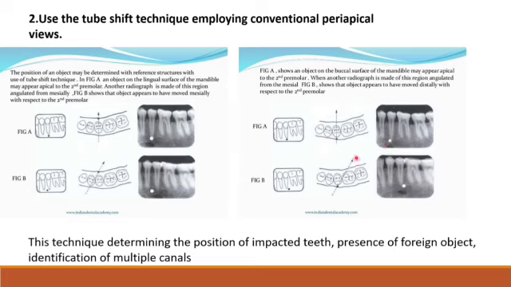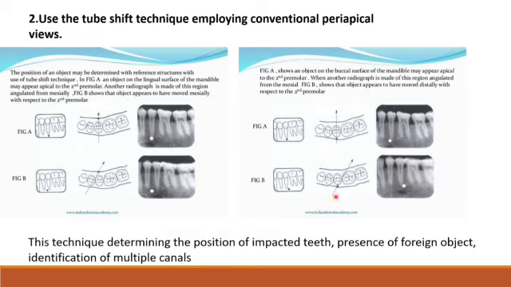Now the tube head is shifted mesially and the X-ray beam is directed tangentially, at an angulation to the premolar. So the tube was shifted mesially and this is the resultant image. The resultant image shows that the foreign body is present between the premolar and molar in the second X-ray.